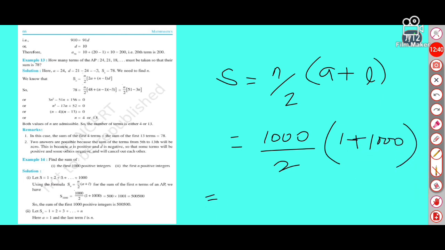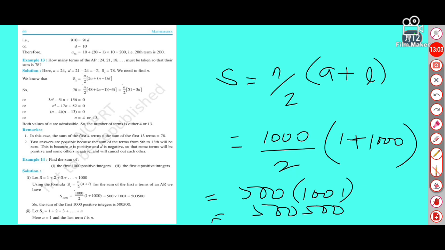So that is nothing but 1000 by 2, which is 500, into 1001, that is 500500. Such a simple answer, the simple steps to find the sum of the first 1000 positive integers is 5 lakh 500.